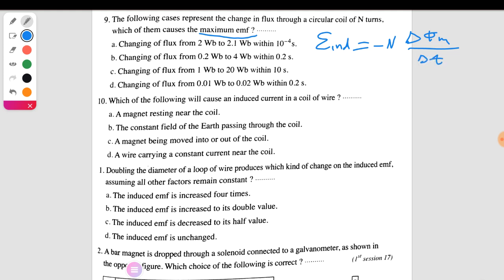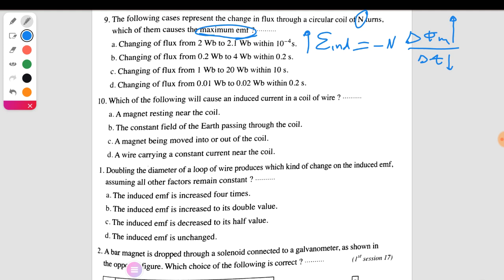In each coil, the number of turns N is constant, it does not change. The change is due to delta phi m over delta t. To obtain maximum induced EMF, we need a large change in magnetic flux and a small time.